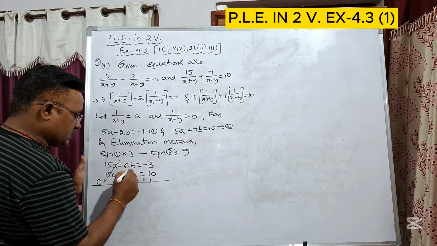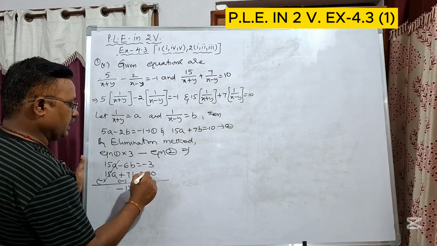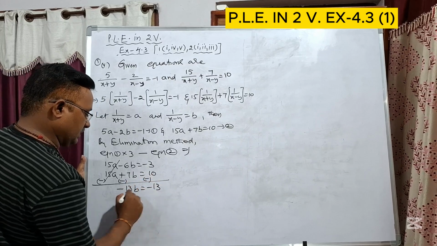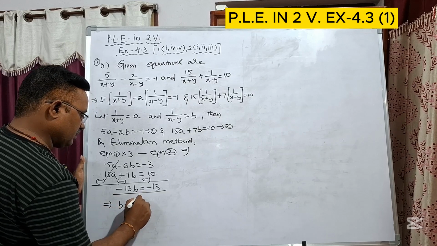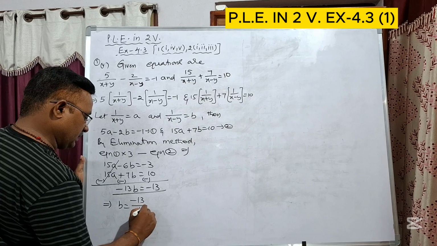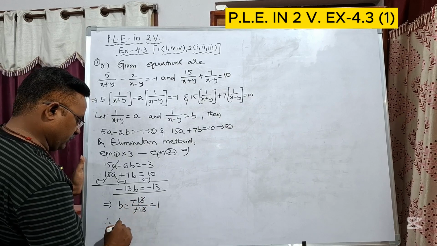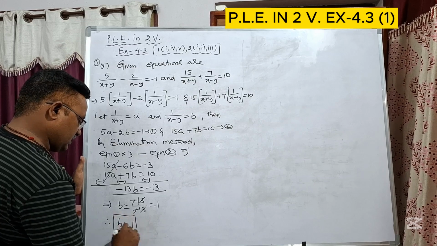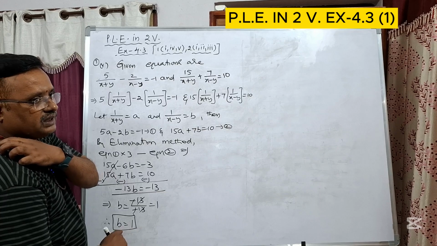Minus 6b minus 7b is minus 13b equal to minus 3 minus 10 is minus 13. That implies b equal to minus 13 by minus 13, they cancel, equal to 1.